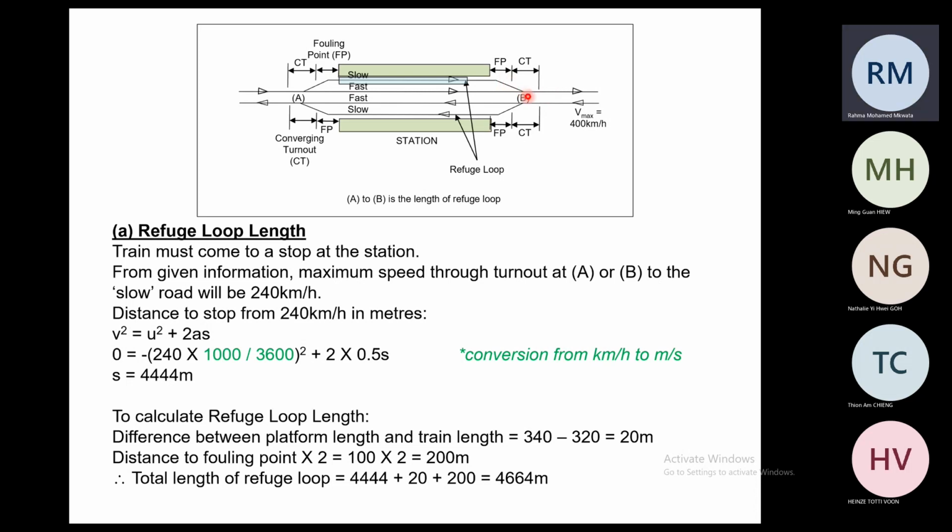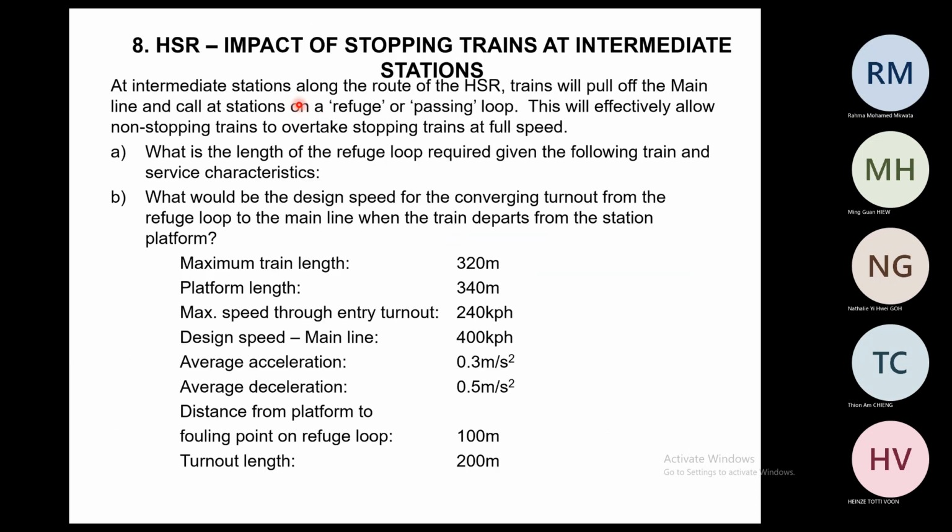So it leaves this line and joins back to the original line. If you're coming from this direction, this will be your diverging turnout point, and this again will be your converging turnout point. So it says the maximum speed through the entry turnout is 240 kilometers per hour, where the diverging and converging happens.